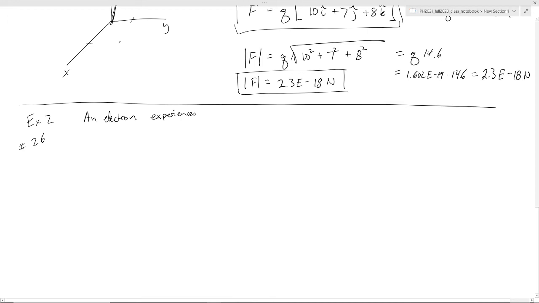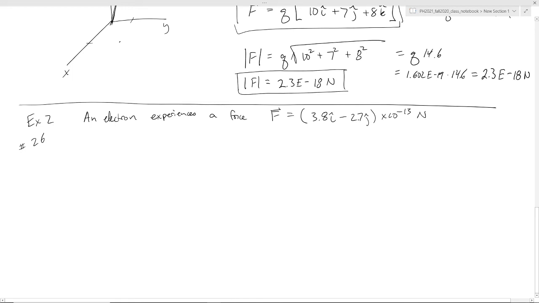So an electron experiences a force of (3.8 i hat minus 2.7 j hat) times 10 to the minus 13 newtons.